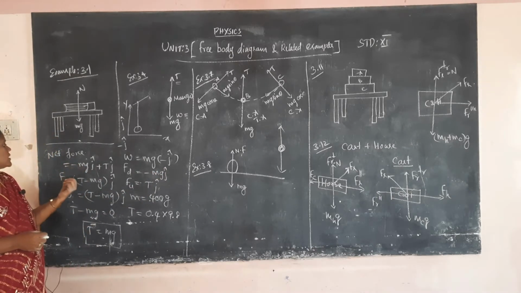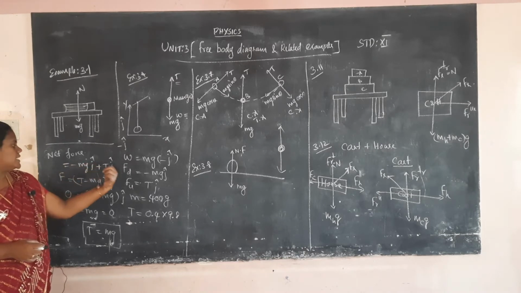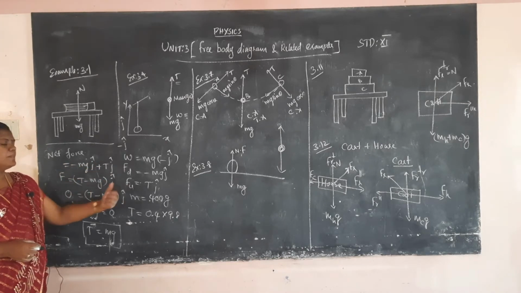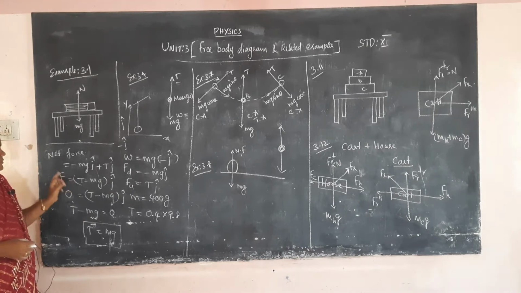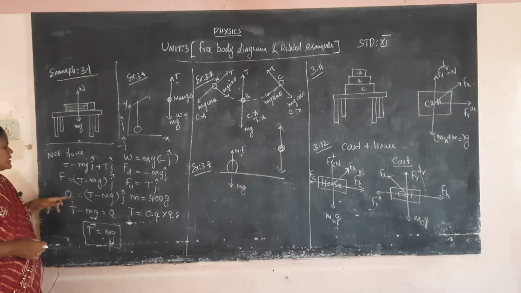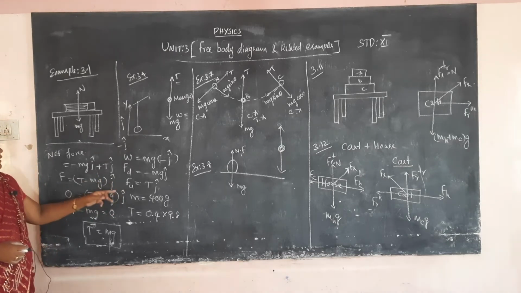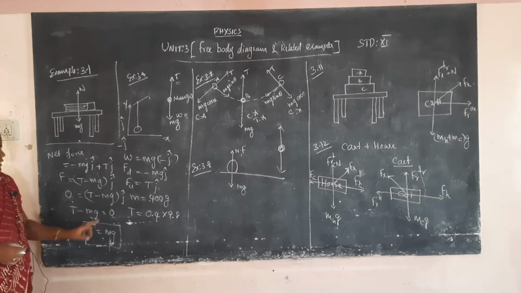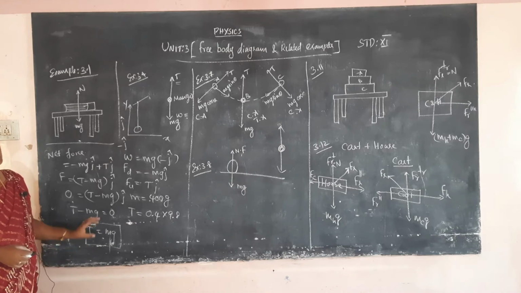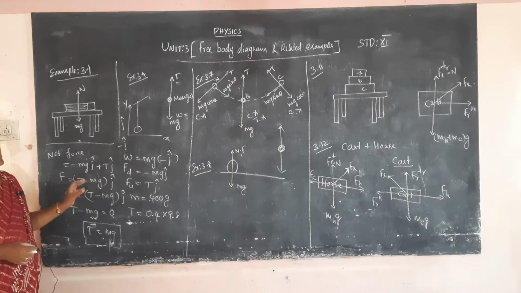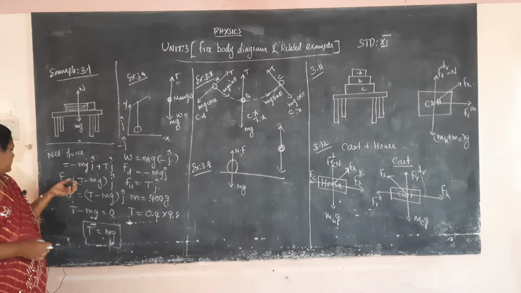The net force is T minus mg into j cap. Setting the net force to 0, T minus mg is equal to 0, so T is equal to mg. This is the way we easily calculate the tension applied on the cord by a mango.